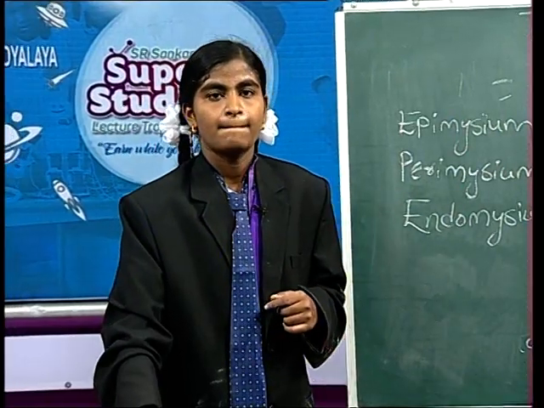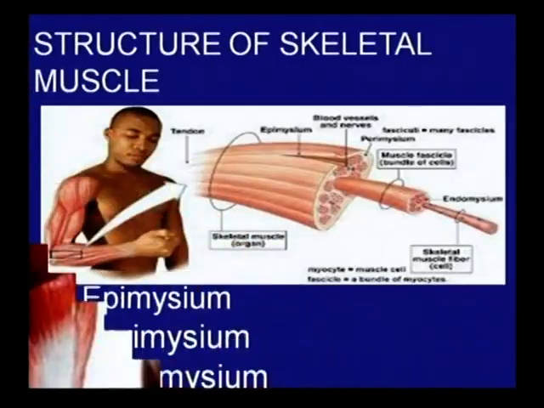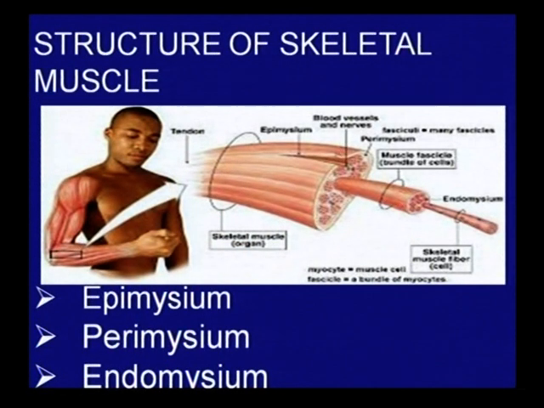Friends, these are the three layers of muscle. You can see here the three layers of muscle: this is the epimysium which covers the skeletal muscle, and here you will observe the perimysium. Friends, this is the endomysium, that means the muscle fiber.